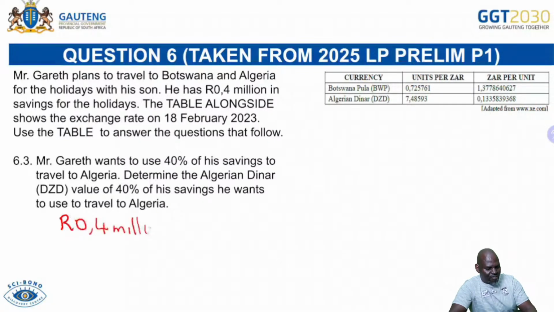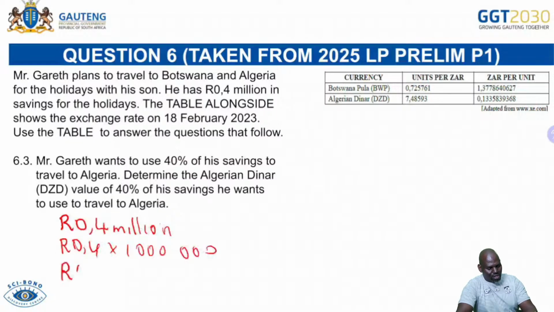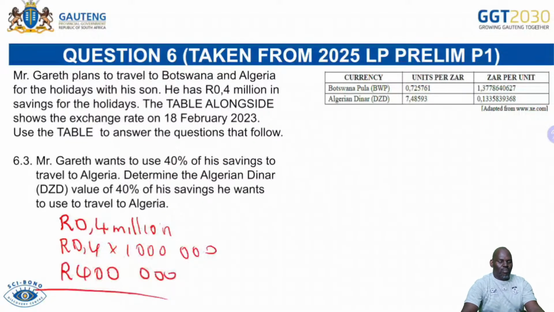To make it easier for us, we can convert it to an ordinary number: 0.4 multiplied by 1 million gives us 400,000. So 0.4 million is the same as 400,000 rand.